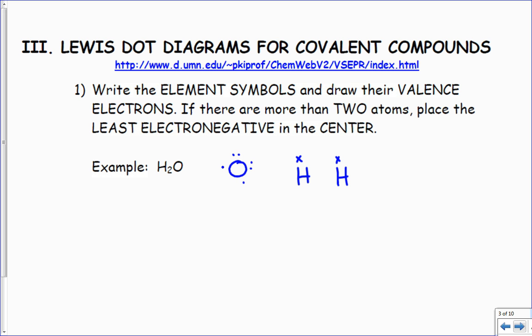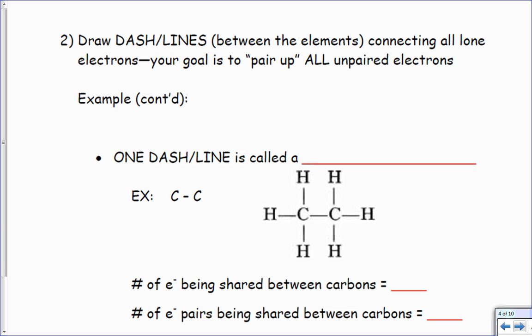With the same color pen, you're probably better off doing this particular method. So what's going to end up happening is this is going to work like a puzzle now. I'm going to end up putting this X over here and this X over here. Let's go on to the next piece, and it'll tell us a little bit about that. It says draw dashed lines between the elements connecting all the lone pairs. Your goal is to pair up all of the unpaired electrons.